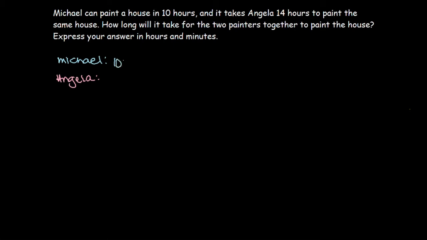So that means he can paint an entire house in 10 hours. So it takes him 10 hours to paint one house. And for Angela, it takes her 14 hours to paint one entire house.